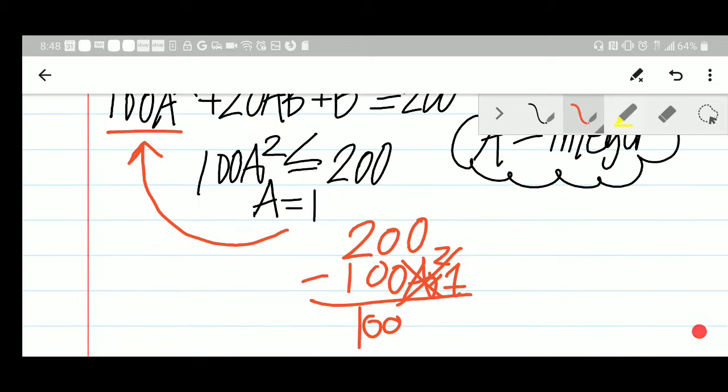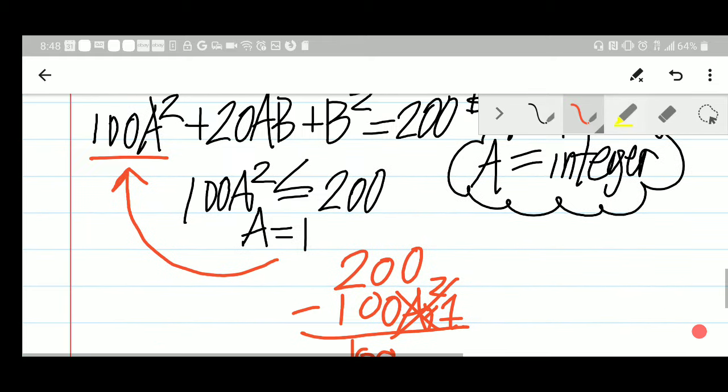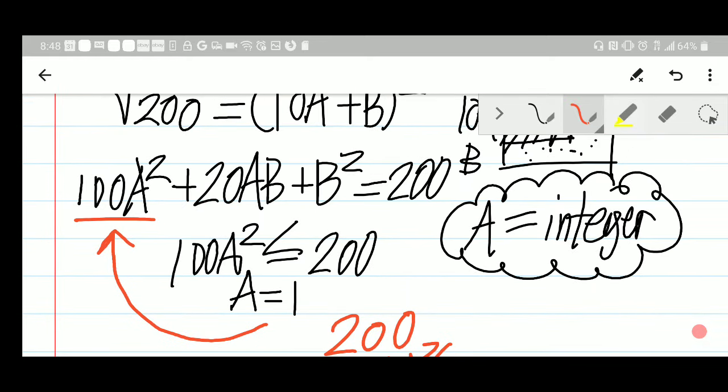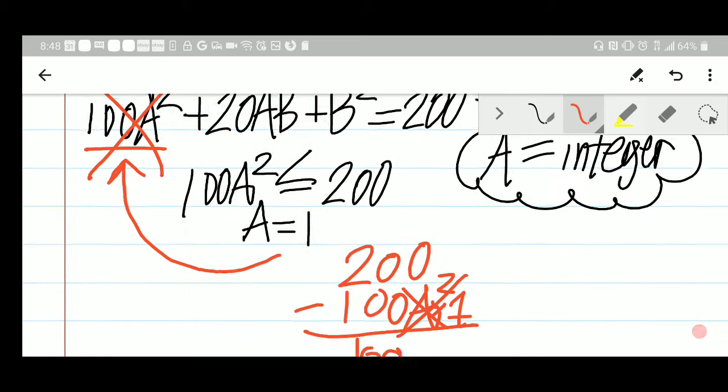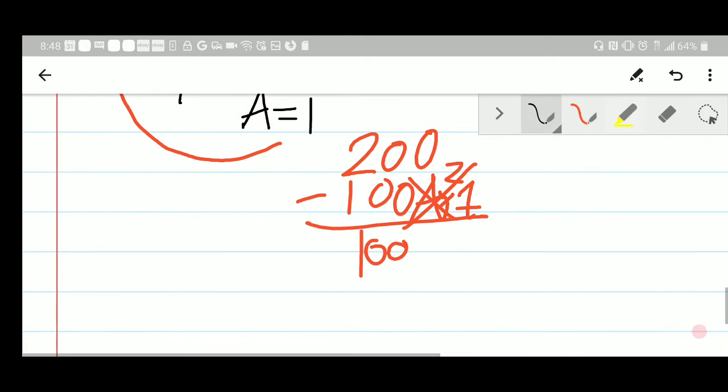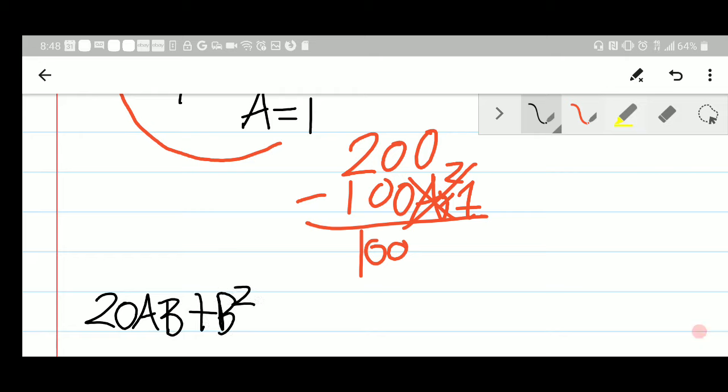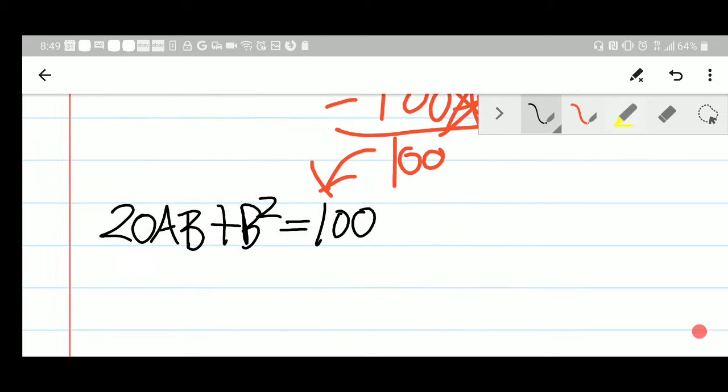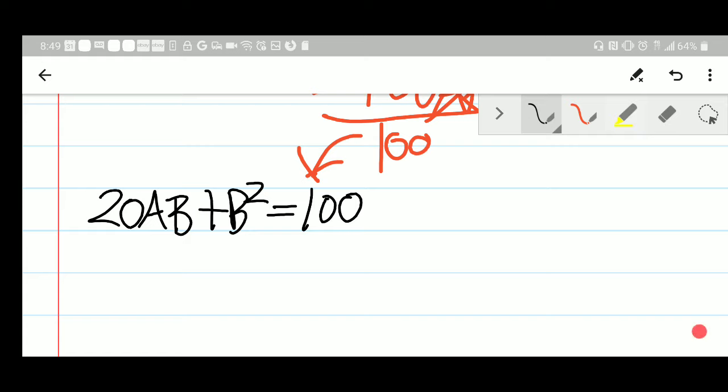So we have 100 left over. That's what's going to be left over for the rest of our calculation. So we're done with that. So what's left? It's the 20AB plus B squared equals, and then we put our 100 that's left over right there. A is 1.